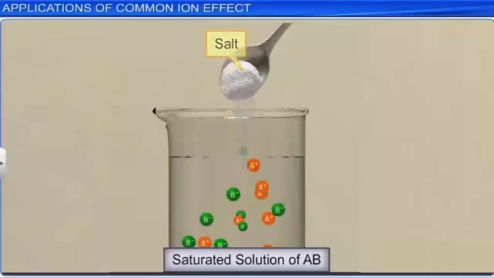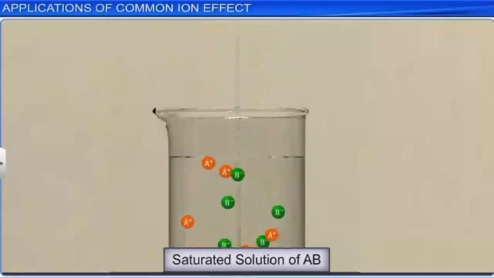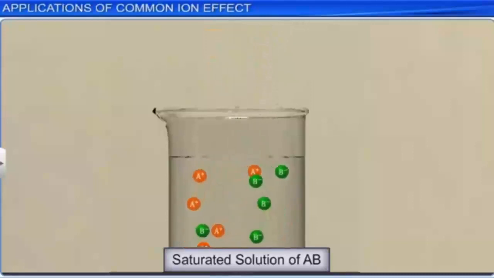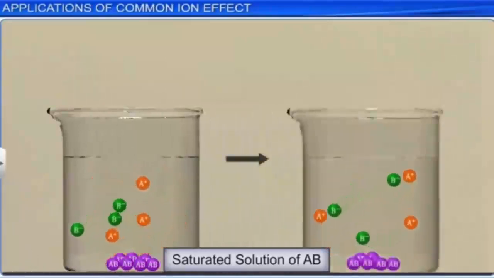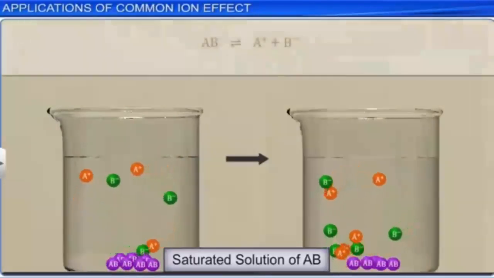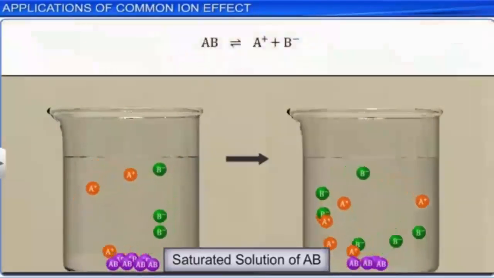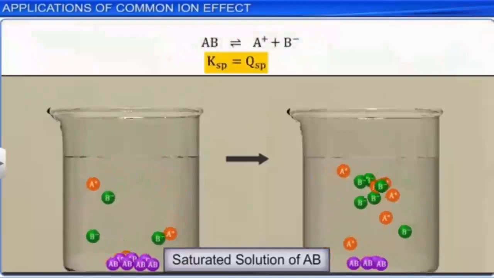You have learned that in a saturated solution, if the concentration of any one of the ions is decreased, then, as per Le Chatelier's principle, more salt dissolves and the equilibrium shifts towards the right till Ksp becomes equal to Qsp.